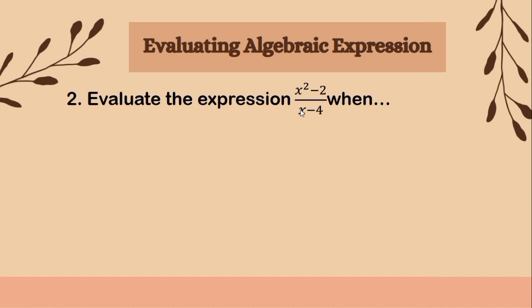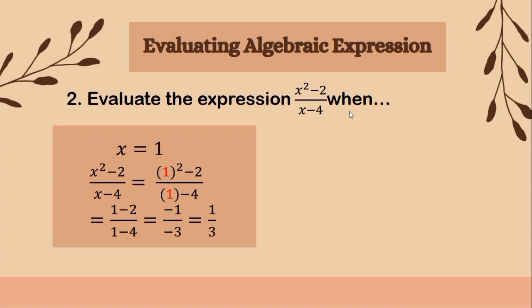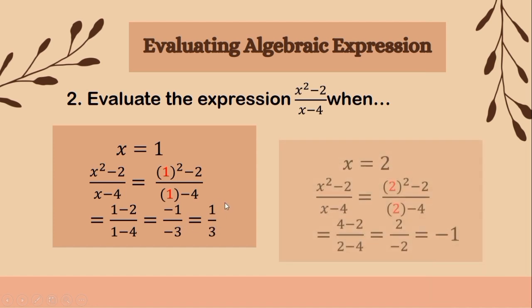Let's have example number 2. Evaluate the expression x squared minus 2 all over x minus 4 when x equals 1. As you can see, we just substitute the value for x, which is 1, using this expression. To simplify, using rules in algebra and integers, we have 1/3.